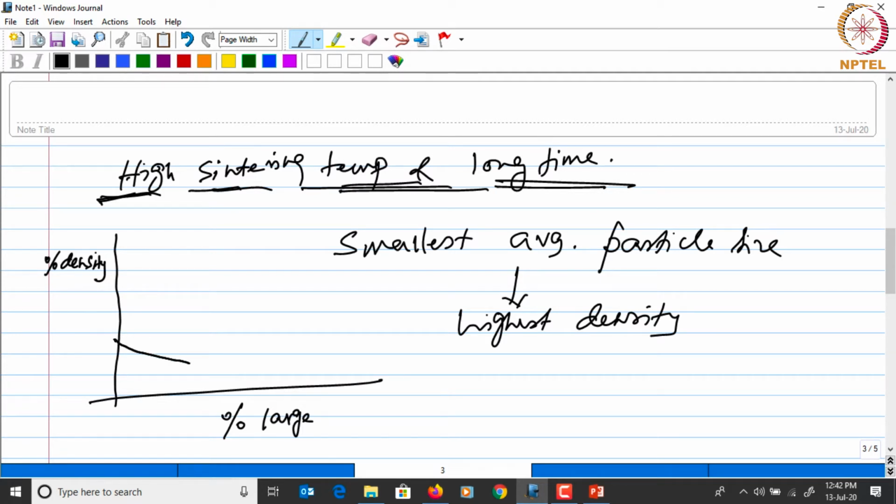As we increase the fraction of large particles, the shrinkage will also decrease, which also indicates a decrease in the densification. And as a result, you would see that the sintered density would also decrease as the proportion of large particles increases, or in other words, the average particle size increases.